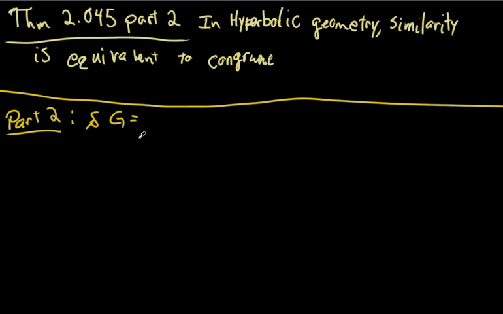Actually, this is part 2, so it would be our first assumption. So the first assumption was: suppose G does not equal D, and H is equal to F.